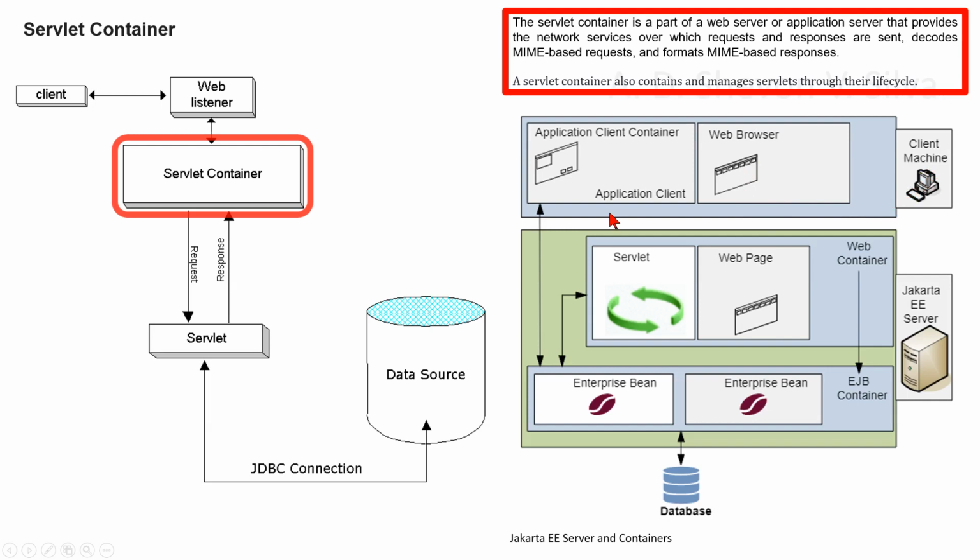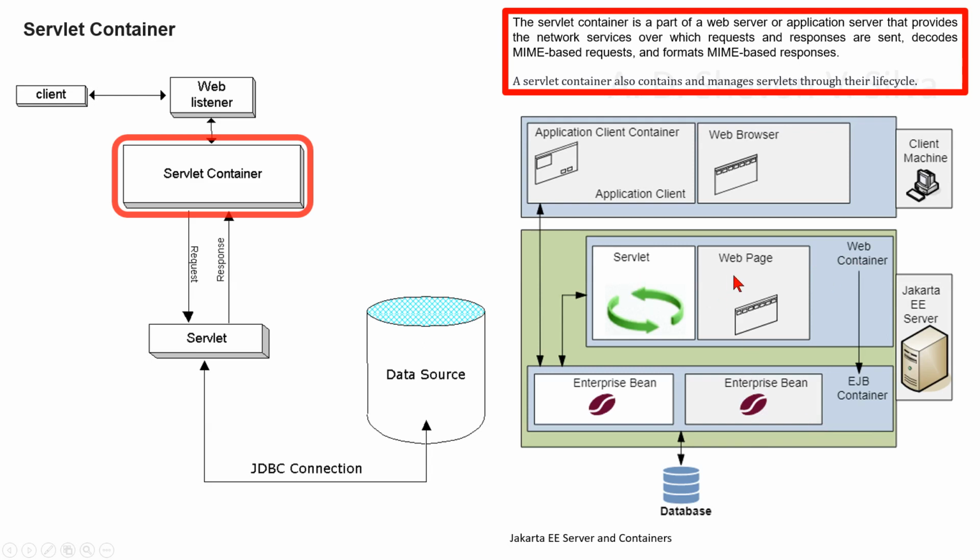Here you can see application client, and application client is inside application client container. Application client container and web browser are inside client machine here. Application client container is connected to EJB container here. Here you can see web container is connected to EJB container. Web container and EJB container are inside the Jakarta EE server.